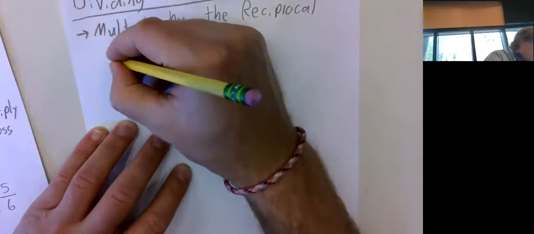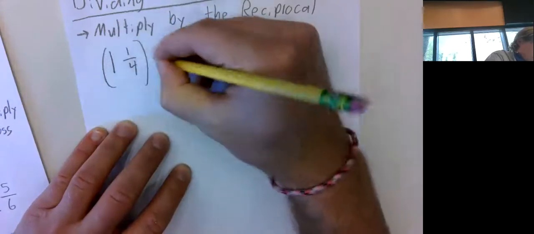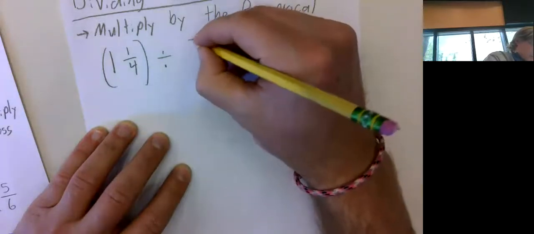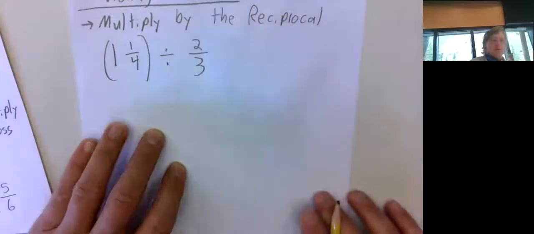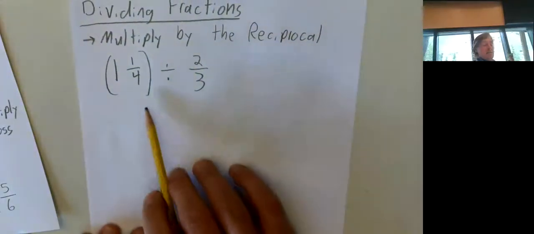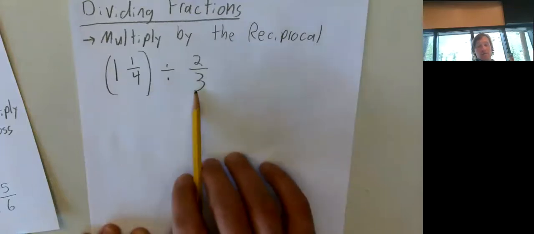So let's do that. I'm going to do some small numbers. 1 1/4 divided by 2/3. Okay. So like multiplying, I need to make sure that any mixed number is turned into improper. I don't need to do that over here because this is not a mixed number.